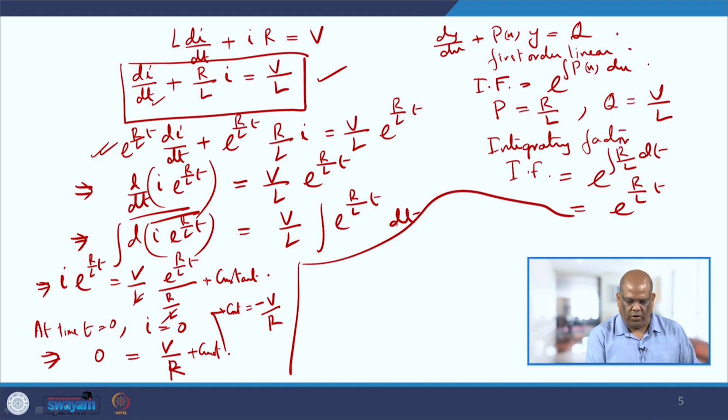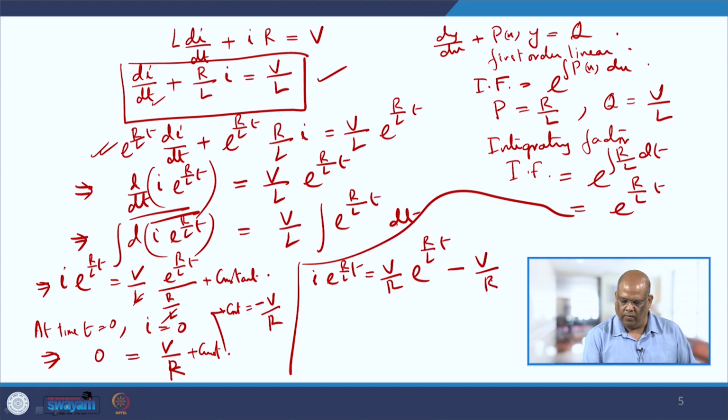If I substitute back, I will get I e to the power R by L t equal to V by R e to the power R by L t plus constant, which is minus V by R. So I(t), I just divide by e to the power R by L t.